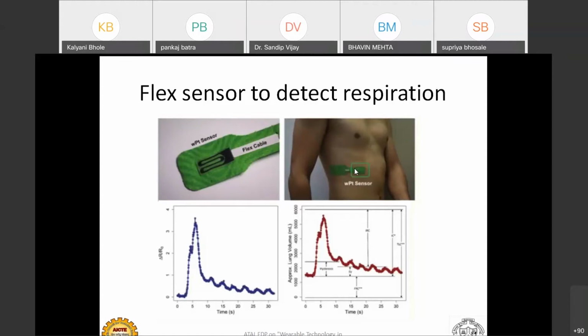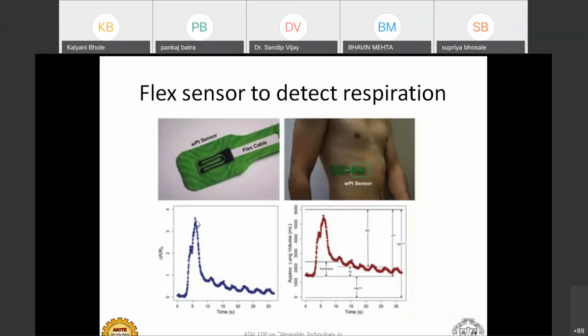It is placed on the stomach like this, and during respiration this sensor's electrical properties change, that is, its resistance changes. We convert that change in resistance into a quantifiable electrical signal, maybe a change in voltage, and then it is displayed here.